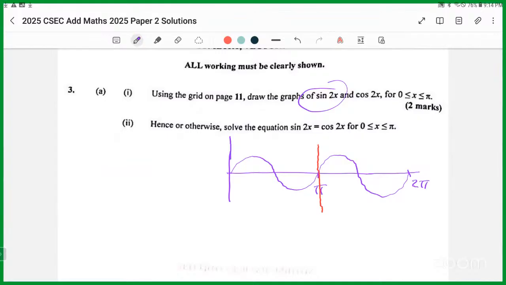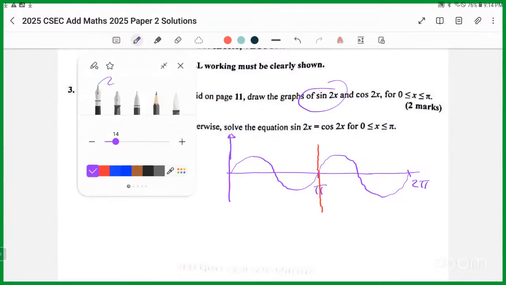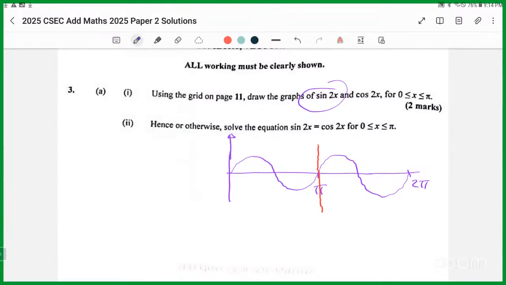The cosine graph will start up at 1, come down here, turn up here, and end up here at 1. And then it will continue, turn to here, end up there. That will be the cosine graph, cos 2x.